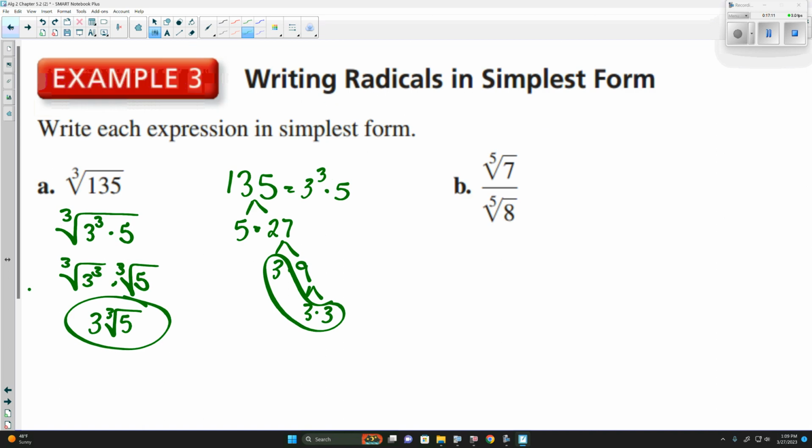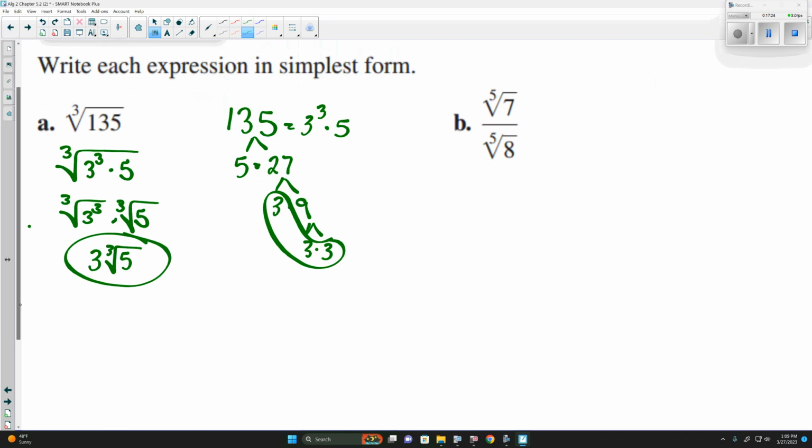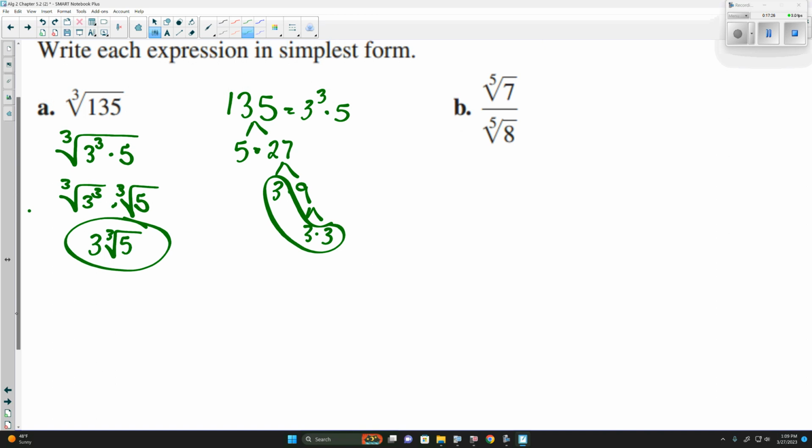Now let's look at division. Fifth root of 7 divided by the fifth root of 8. Will 7 divide by 8 nicely? No. So the reason we do this is to make sure we don't have a radical in the bottom of a fraction or a fraction inside of a radical. And up to this point, every single quotient or fraction simplified nicely.